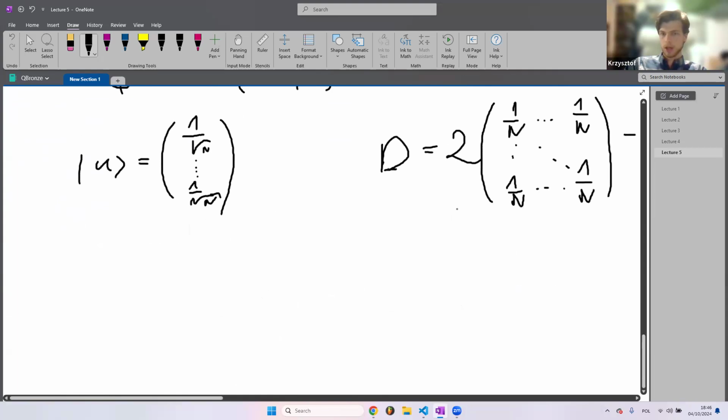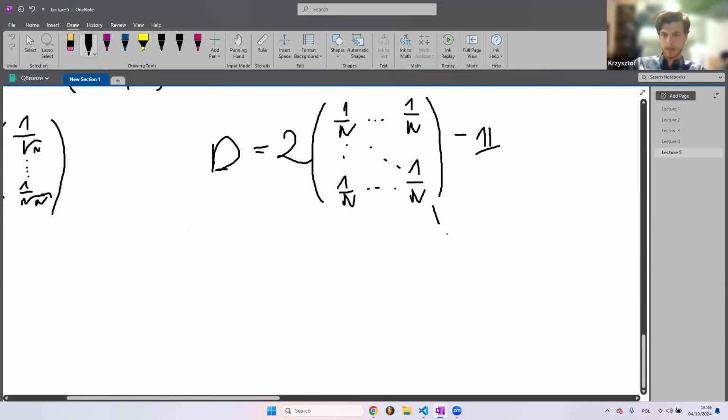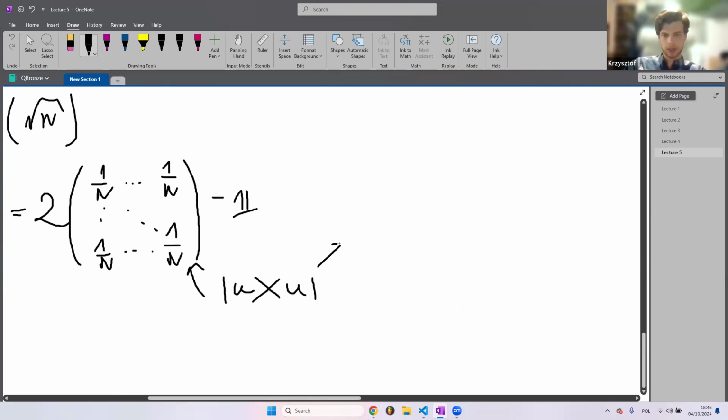So we can also represent this matrix in the bracket notation because it'll be much easier for us. You may recall from the first lecture that this symbol is the same as 1 over square root of n, 1 over square root of n.